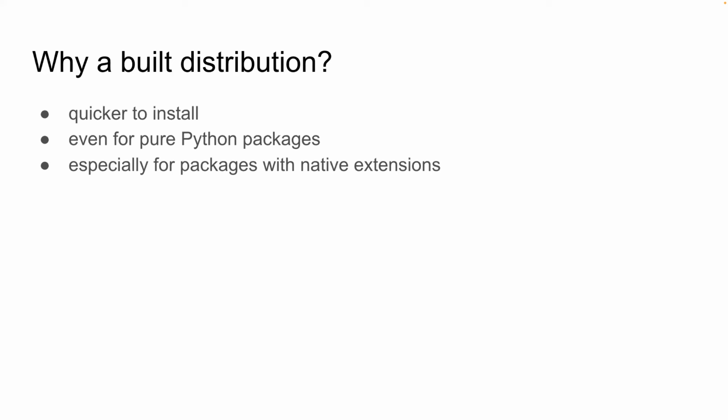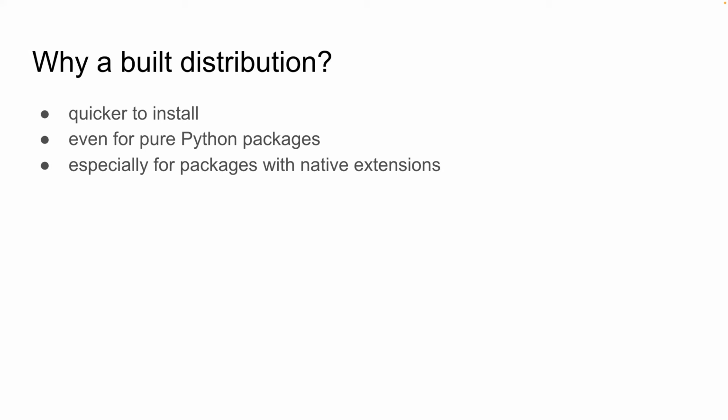So why do we need two different types of distributions? The binary ones, wheels, are usually quicker to install, even if you have a pure Python package. But especially for a package that requires native extensions. There are a lot of packages these days that have extensions built in Rust, in C, in C++, every kind of language.